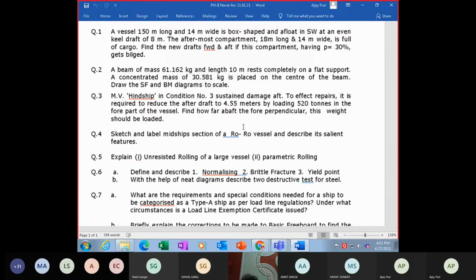There are very few transverse bulkheads, mostly pillars, so they are uninterrupted spaces for your vehicles. The vehicle decks are pretty strengthened to take the localized loading, and the longitudinals are deeper and closely fitted. So these are the salient features of a Roro vessel.